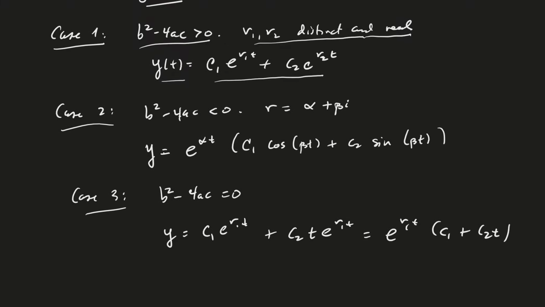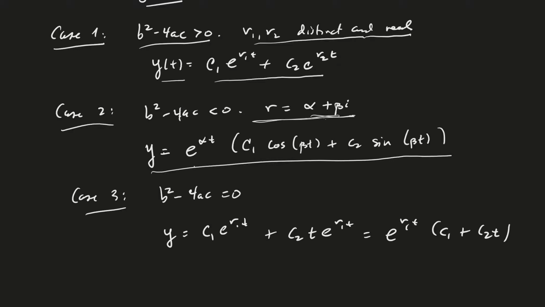Case 2 is the complex case. b squared minus 4ac is less than 0. And so therefore we can write the r as alpha plus or minus beta i. And you'll notice that we only use one of these, because, well, we talked about that before. So I usually just write alpha plus beta i. You could use alpha minus beta i as well. And so the idea is that this general solution then is down here.